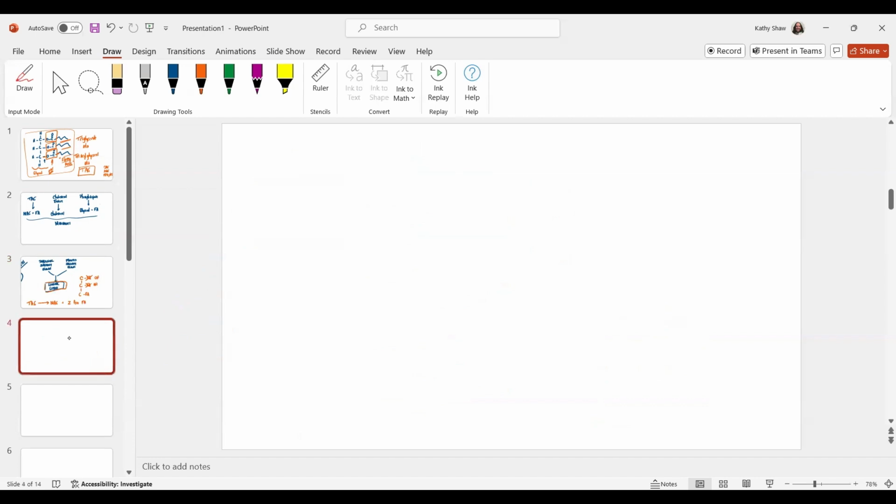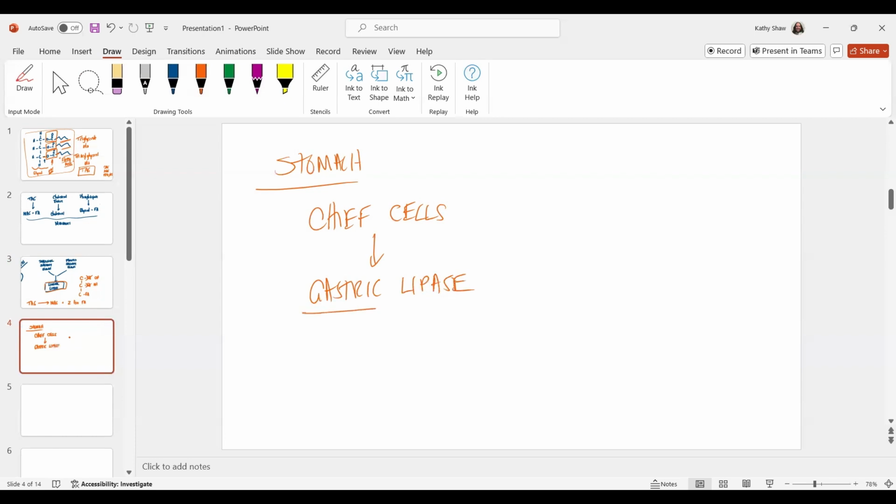So in the stomach, again, we're going to have chief cells. And along with the pepsin that the chief cells released, the chief cell is going to release gastric lipase. So we're going to continue breaking ester bonds there.